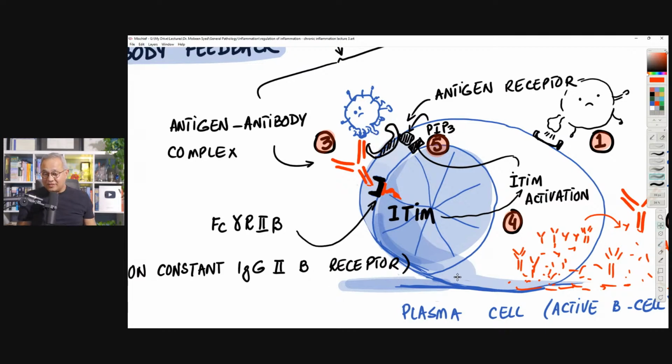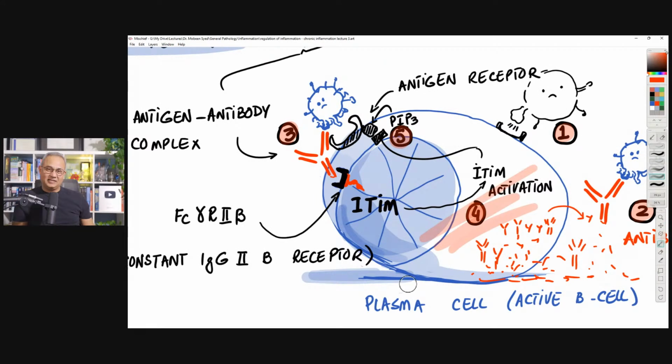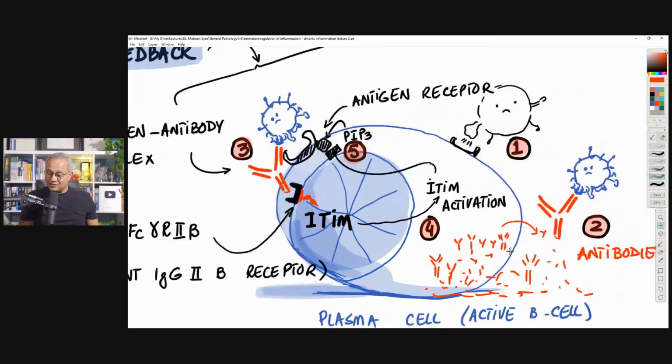The result of this kind of binding on an active B cell is that there is a signaling pathway inside the B cell that is started. That is called ITIM. It's an inhibitory molecule within the B cell. Once that becomes activated as a result of this binding, you know what it does?